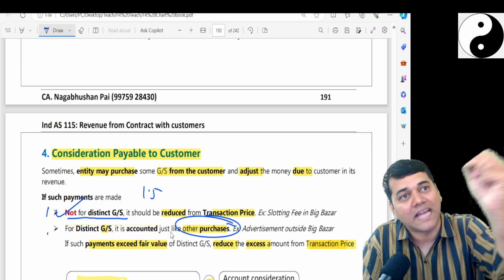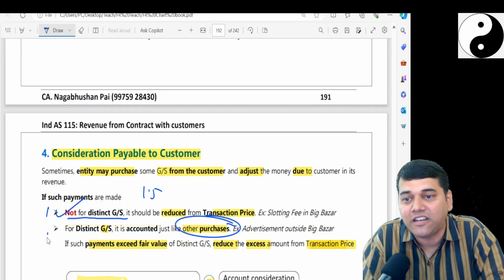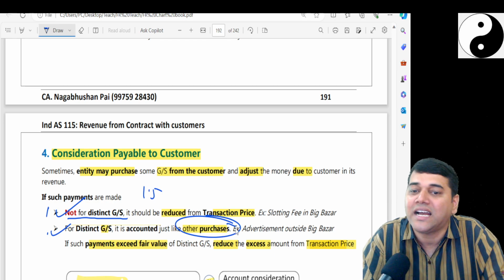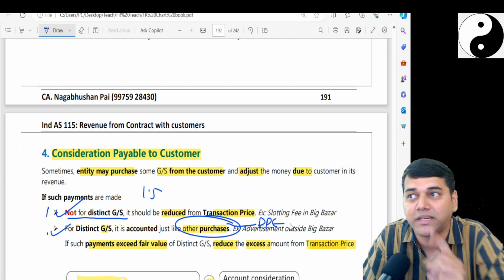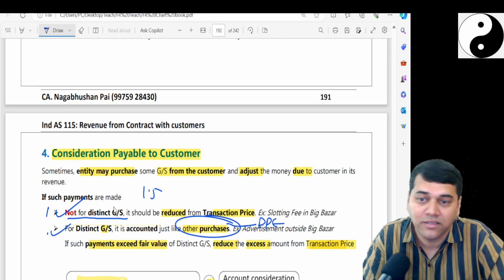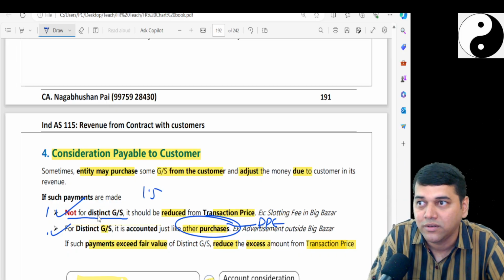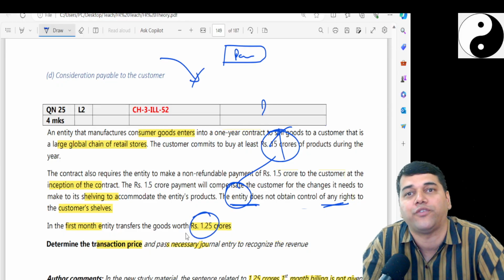If I would have got control of that shelf, the payment for that shelf would be for a distinct goods. In that case, I will account for it like other purchases, as PP purchases. I will not adjust my transaction price. Since I have paid for a shelf on which I don't get control, I have to adjust it from this 1.25.